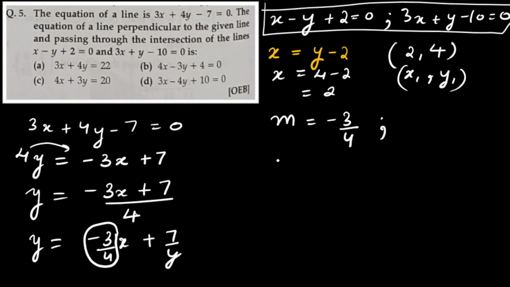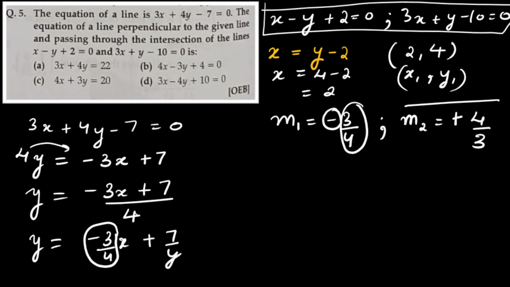That will be the negative reciprocal. Suppose this is m1 and that is m2. If this is minus, the required slope will be positive and the reciprocal of this number. So 3 by 4, the reciprocal is 4 by 3. So the line which is perpendicular to the given line has slope 4 by 3.